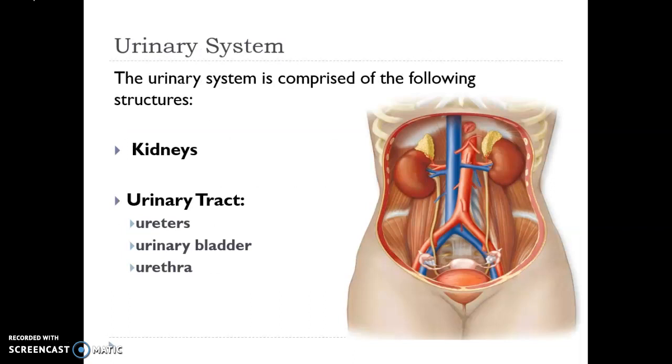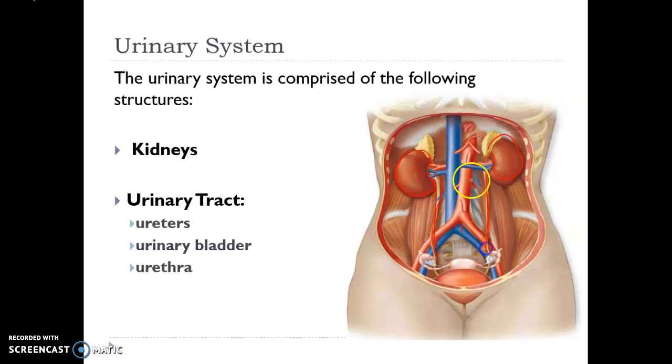All right, so the urinary system is comprised of the following structures. We have the kidneys right here. This is one and this is the other kidney. And then we have the urinary tract. The urinary tract is made up of three structures. The first one is this tube. Do you see this tube coming out of the kidney and coming down?